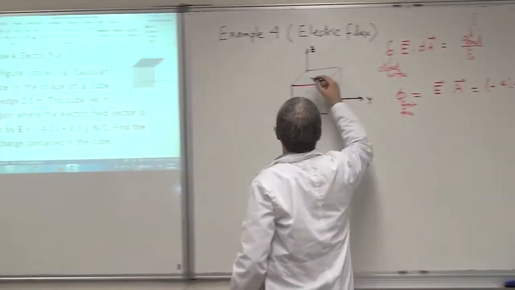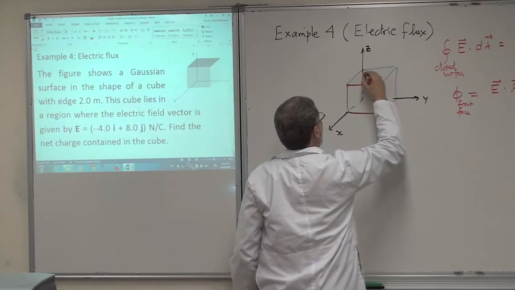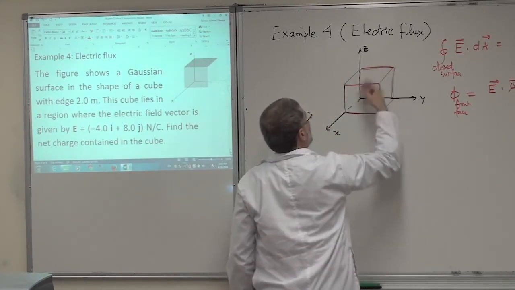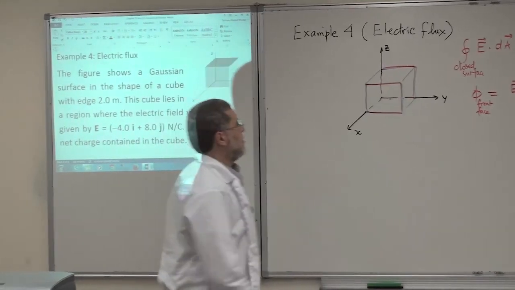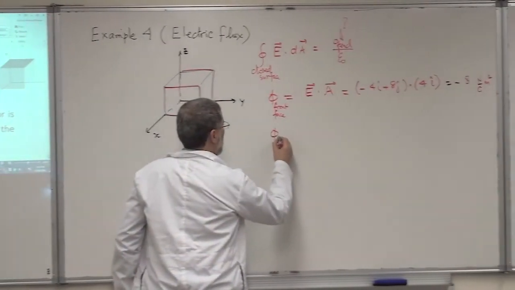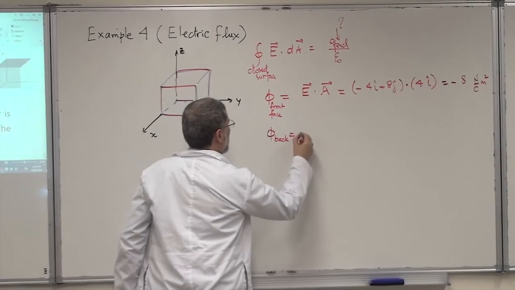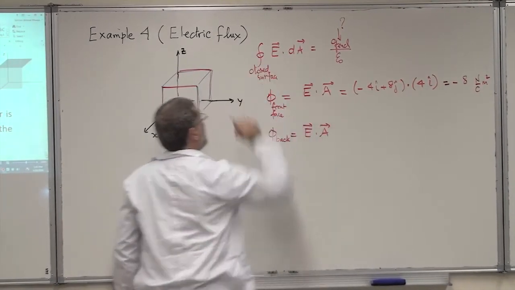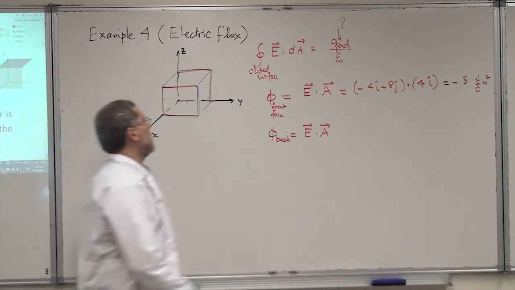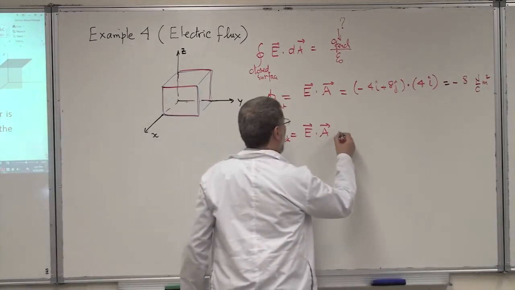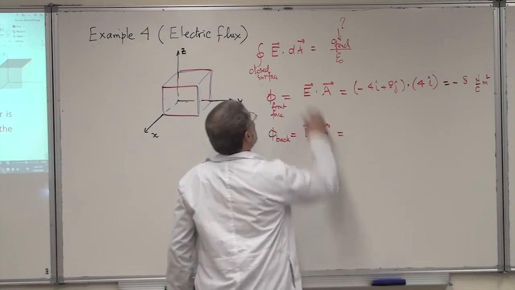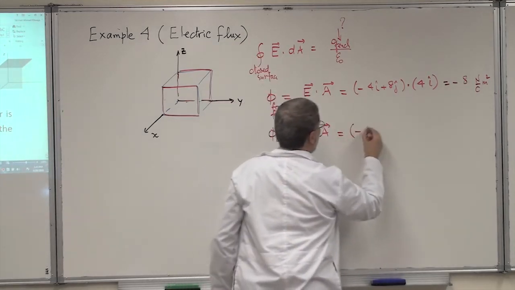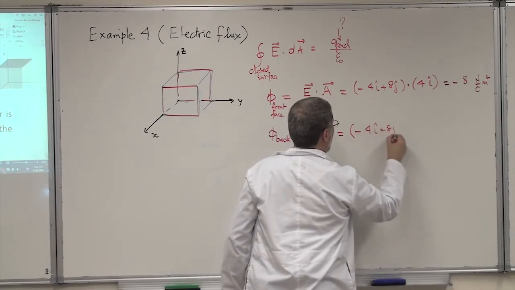Now I'm going to go to the back face, which is the face there in the back, okay. All right. So phi back is again E dot A. I take the integral and I remove the integration. The same thing here, minus 4i plus 8j.